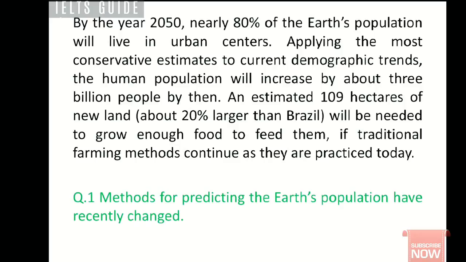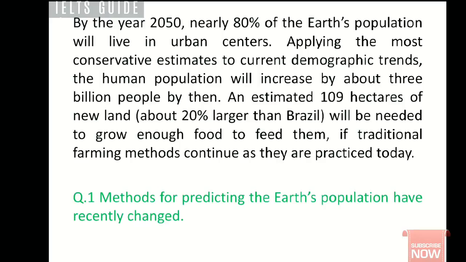It is talking about some methods of predicting the earth's population, which have recently changed. Try to find the answer yourself. Friends, you can pause the video and try to find it yourself. Now let's read the passage.